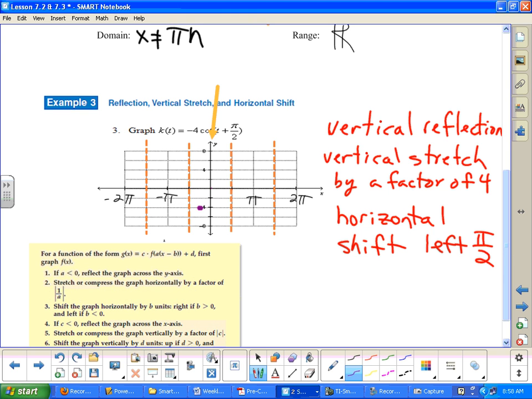So we're at 0, and at pi over 4 we would be at positive 4.